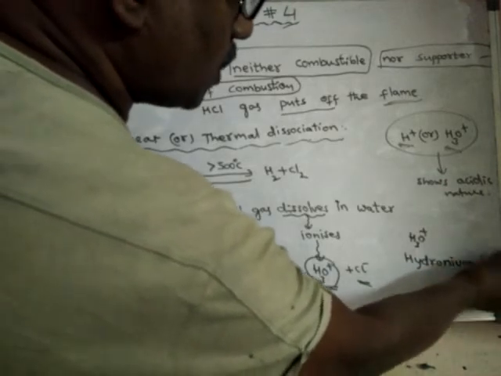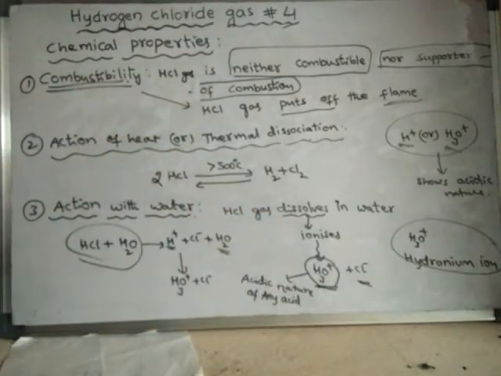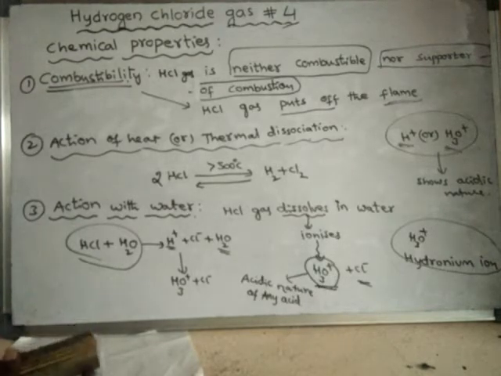So whenever hydronium ion is formed in the solution, that solution will show acidic nature. In this way, the action of HCl with water can be explained.